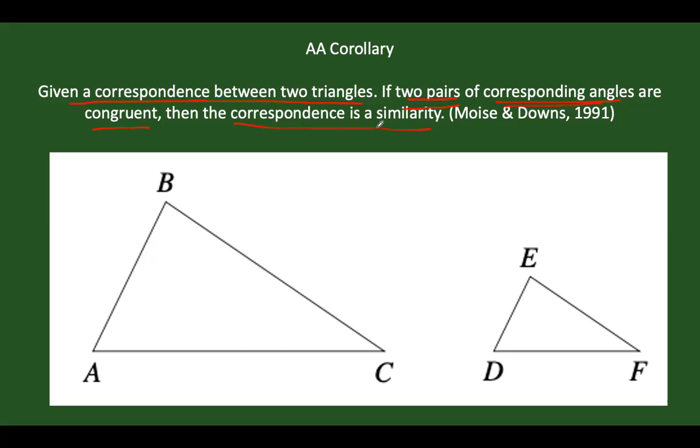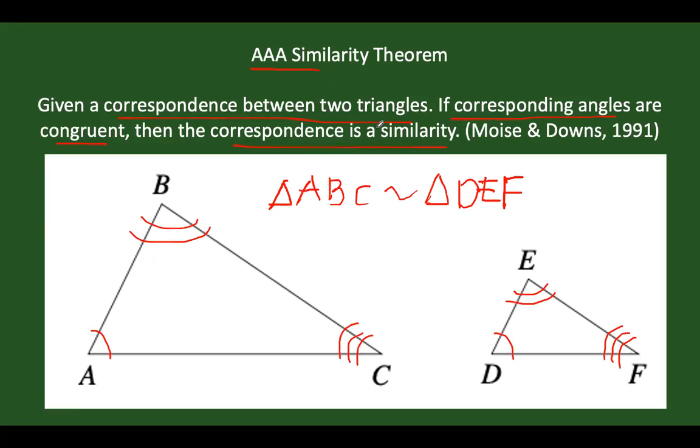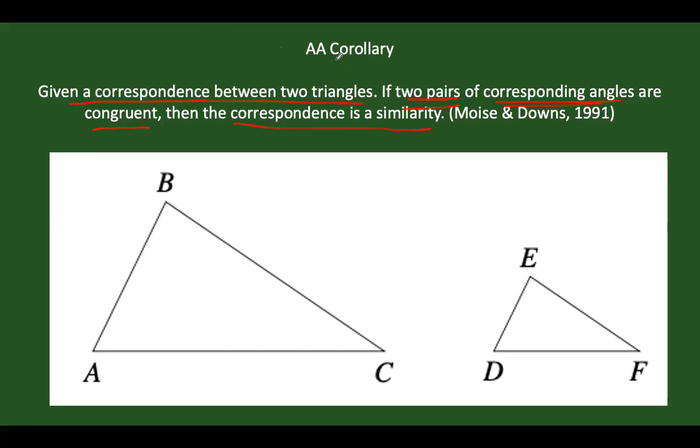All right. So a while ago, we needed three corresponding angles which are congruent for us to say that the two triangles are similar. But in this corollary, we only need two angles, two corresponding angles on both triangles for us to conclude that these two triangles are similar.